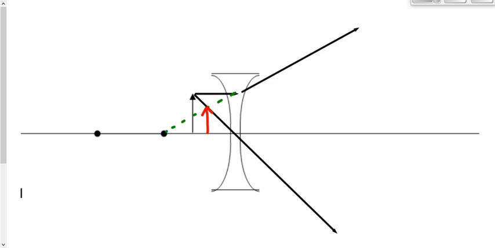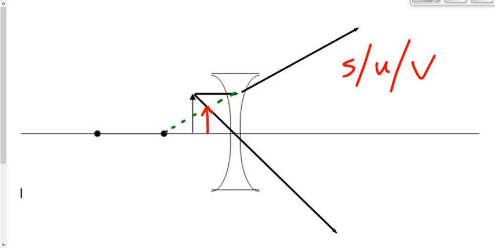It is still smaller than the object, even though it's bigger than it was. We can tell that it's upright, and we can tell that it's virtual. Whenever you draw a concave lens or diverging lens, you're always going to get a virtual image.